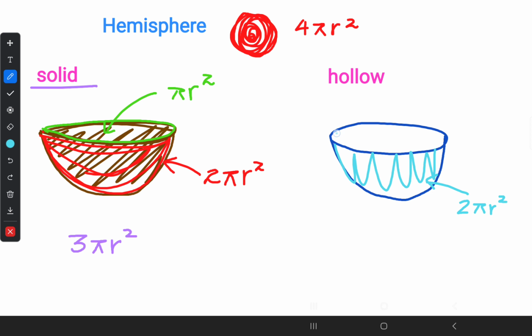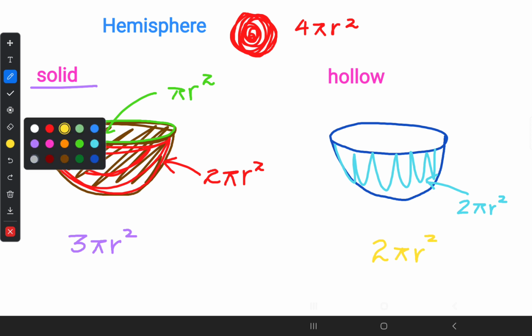On the top, we don't have any circular surface. Since it is hollow, we don't have any material on the top. That remains as a hollow space. So we are not considering the surface of this hollow space. So the total surface area of this hollow hemisphere would be only 2 pi r square.